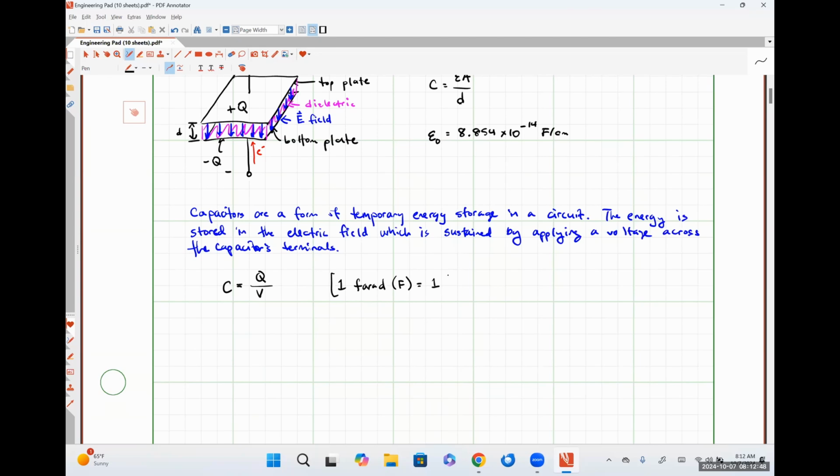It is going to be 1 amp second, where an amp second is nothing more than a fancy representation of a coulomb, per volt. So this is effectively the same unit as we saw for Henrys, but the amps and the volts are interchanged. So we could also write this as 1 second per ohm if we were so inclined, but 99% of the time I use this amp second per volt relationship.